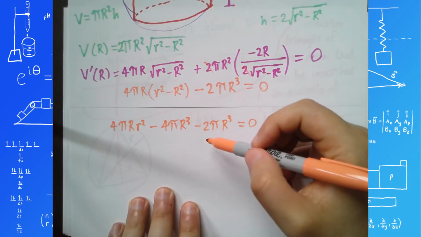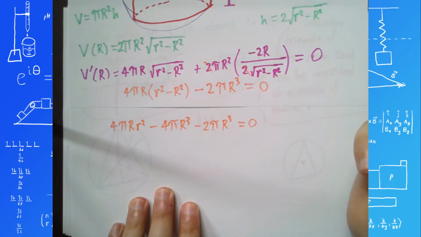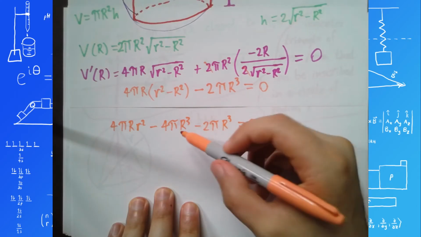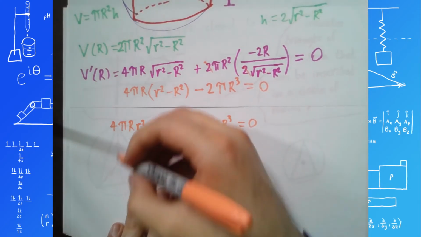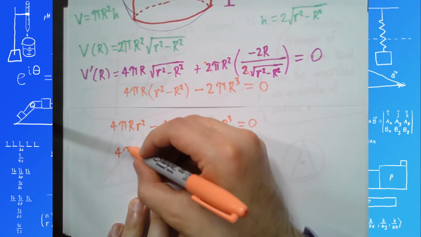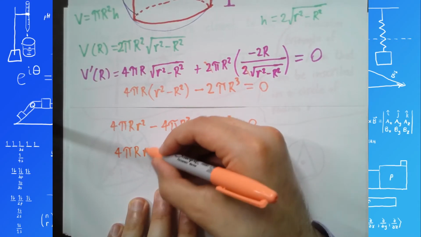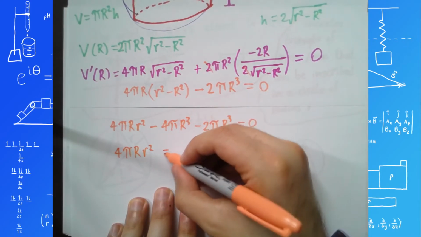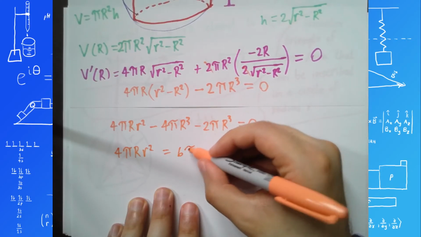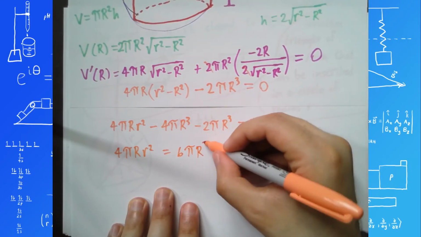Negative 4 pi big R cubed minus 2 pi big R cubed is going to be negative 6 pi big R cubed, and I'm going to add all that over to the right hand side, so 4 pi big R little r squared equals 6 pi big R cubed.